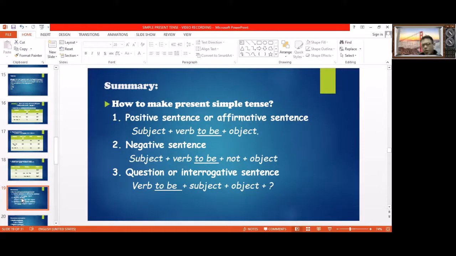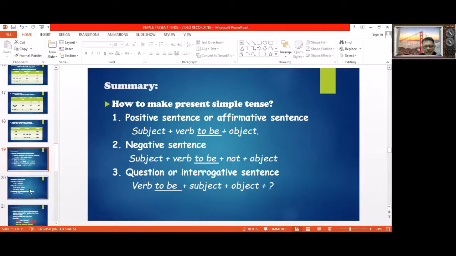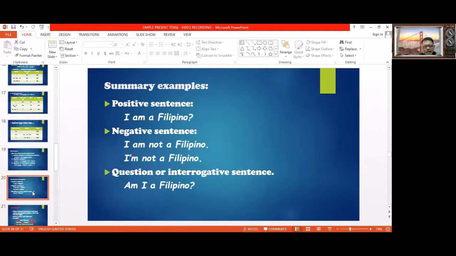Again, then for a question or interrogative sentence, you just interchange the verb to be, am, is, are, then the subject. Okay, interchange the verb and the subject, plus the object. Okay, so as easy as that. This is just a summary example.